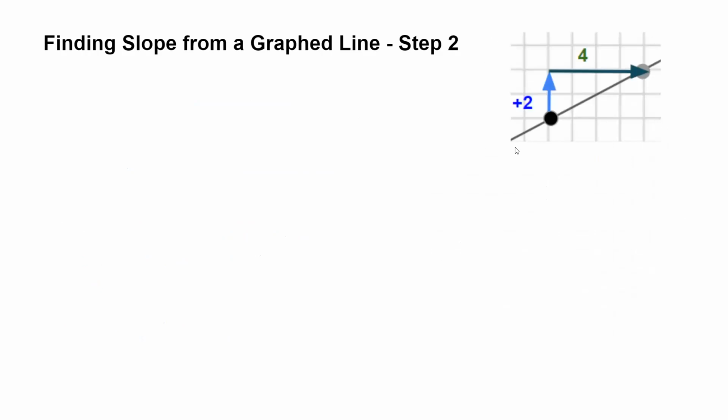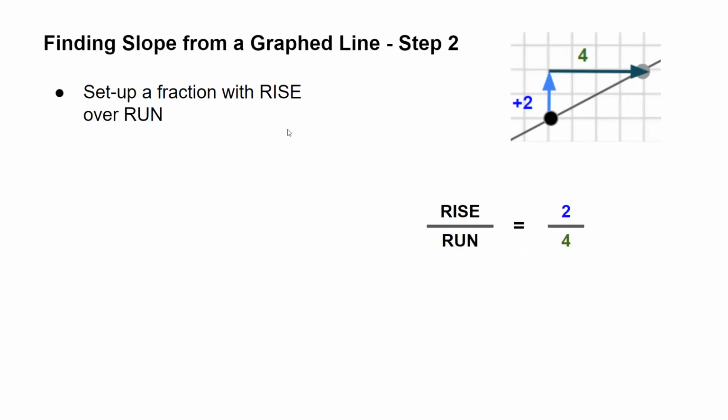Here is what we learned in step 1. Our rise was positive 2, and our run was 4. So we're going to set up a fraction with the rise over the run. The slope is equal to the rise over the run. So our rise is 2 over our run of 4.